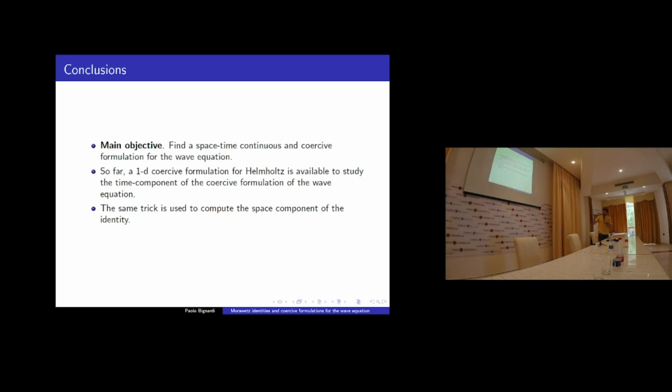So the one-dimensional Helmholtz equation gives us the time component of the identity, whereas the space component of such an identity can be reasonably found using the same trick. So some of it is still a bit unclear, but we might be getting there. So yeah, I conclude. Thank you.